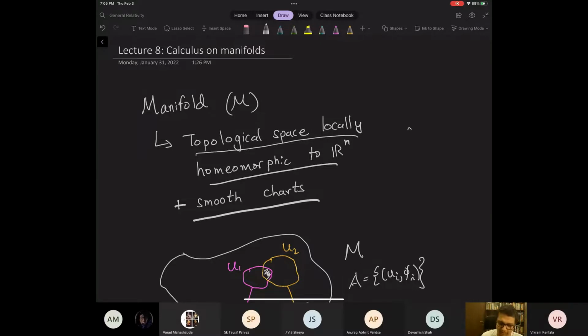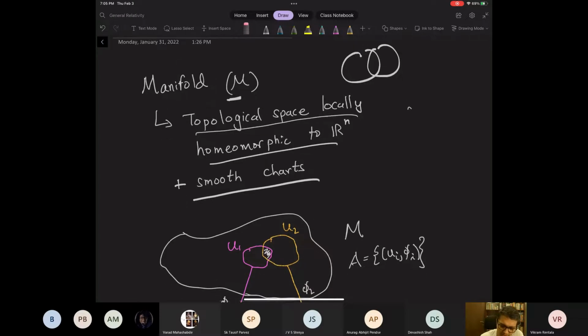And the mappings between these open sets in M, in regions where they overlap, we've defined a notion of smoothness.